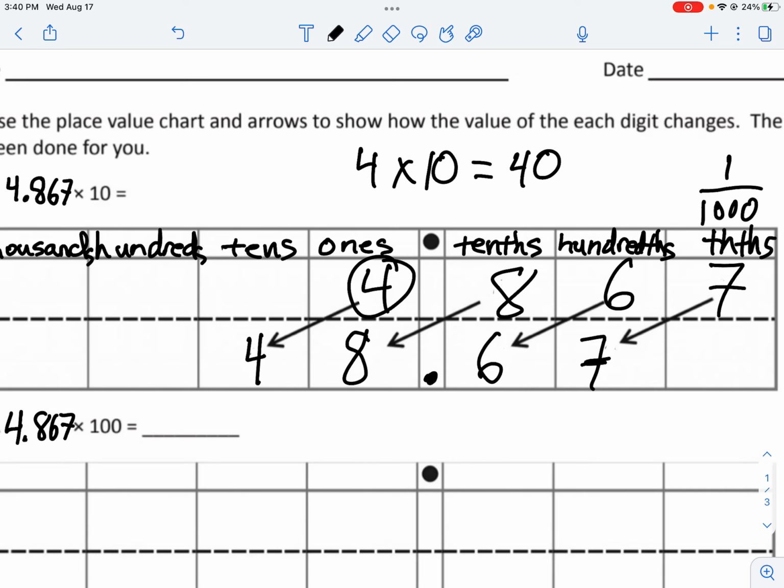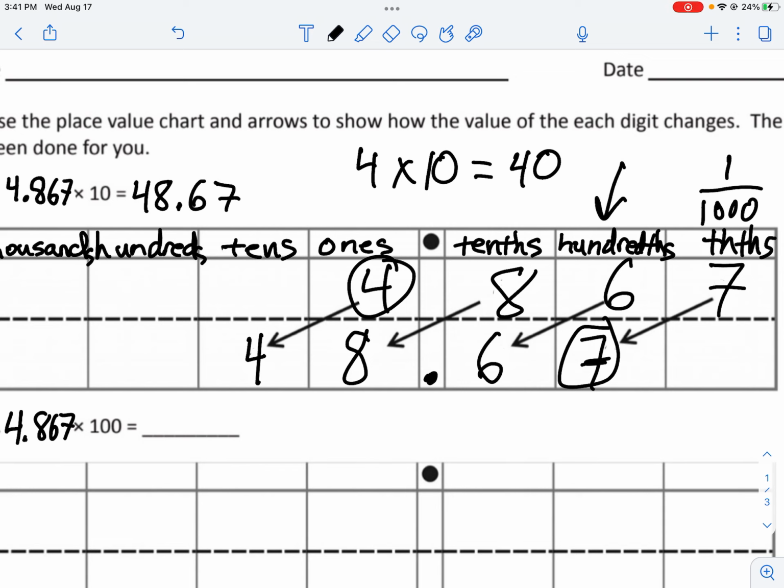When multiplied by 10, you move to the left. Crisscross. All right. So here we go. Our answer to 4 and 867 thousandths times 10 is equal to 48 and 67 hundredths. How do I know it's hundredths? Again, the 7 is in the hundredths place.